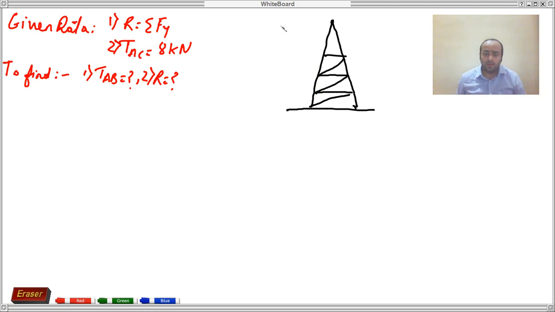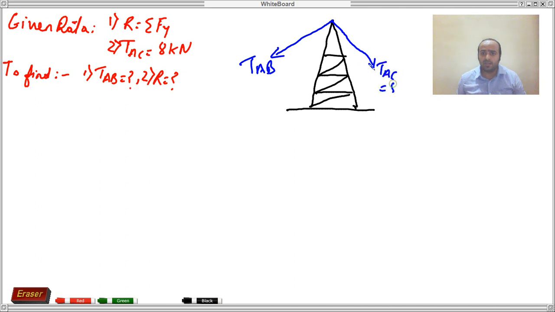Now very clear cut it is that T of AB, since it's a tensile force, tension force will be acting away from the joint. Again, T of AC will be acting over here, which is already given to us as 8 kilonewton.